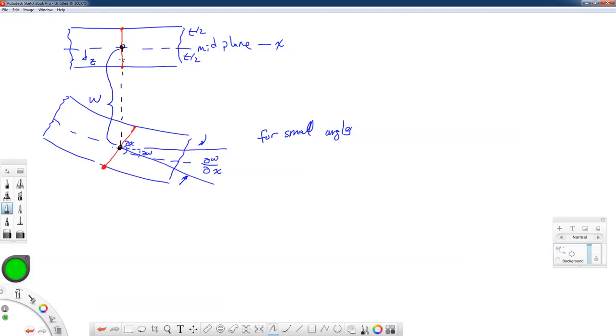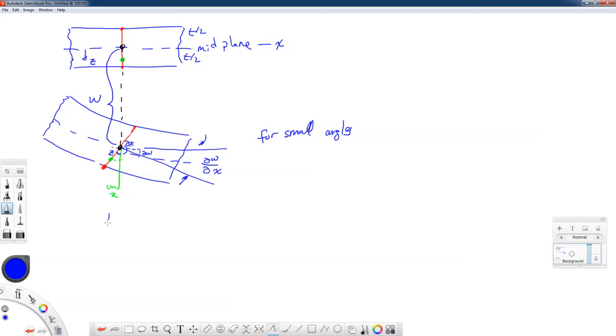Now if we think about where a point down here started out and to where it has moved, notice that it has moved to the left from where it used to be. It has a displacement that we'll call u, and we can figure out what that displacement is if we think of the distance from the midplane down to that point as the distance z. The angle that I've drawn here and the angle that I have here is the same.